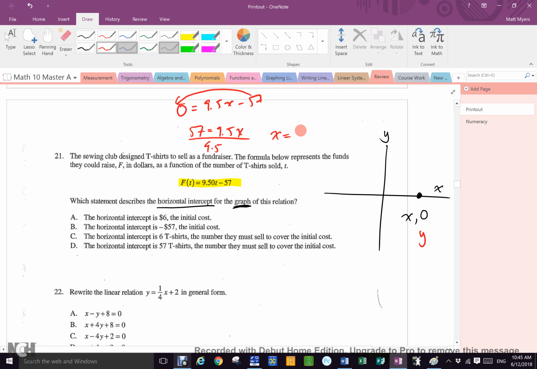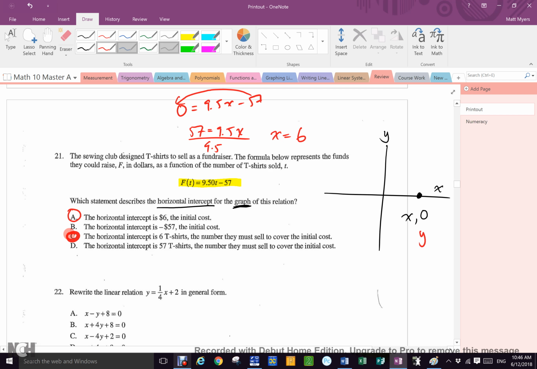What does x equal? 6. All right? So I know it's 6. So what options there could it be? It's going to be A or C, correct? Which one? C, because X was T. 6 T-shirts. C.